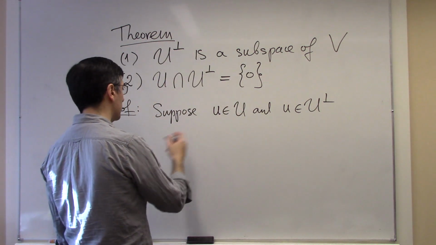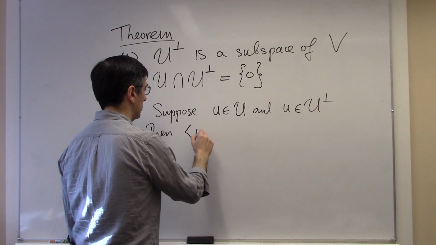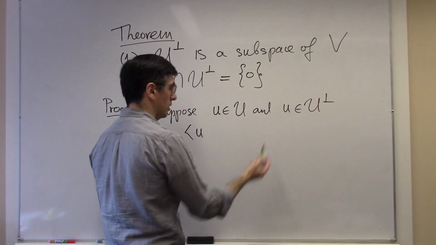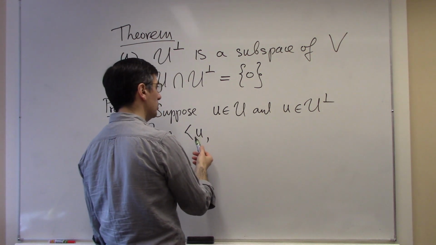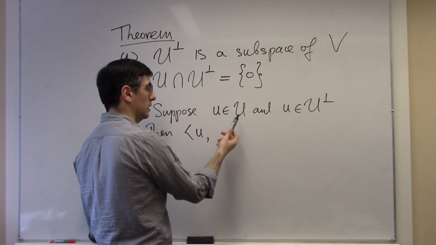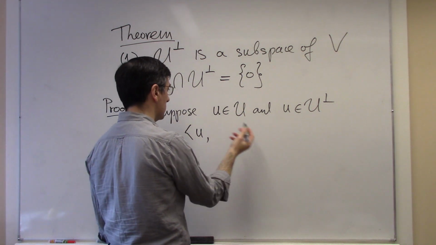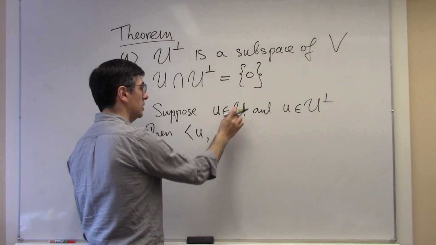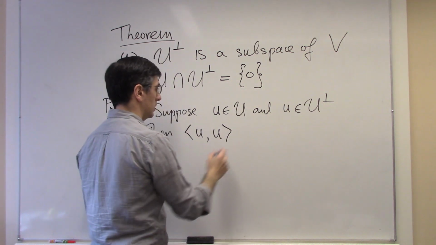Right, then by definition, because u is in the orthogonal complement, the inner product of this u with any other vector in U, u itself, has to be 0. So, and because u is also here, you get that this is 0.